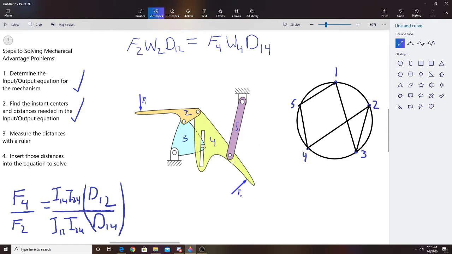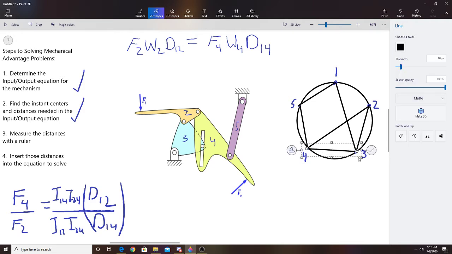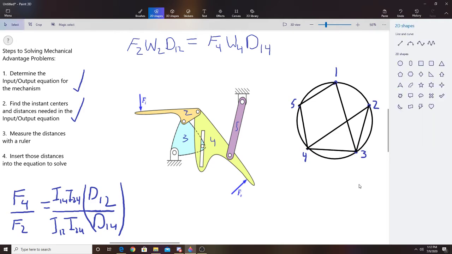Let me see. I34. So right here. If I missed any, let me know. But I don't think I did. Yeah, I think I got it. Okay, so now that we have all of those, we now have to find the other ones, right?